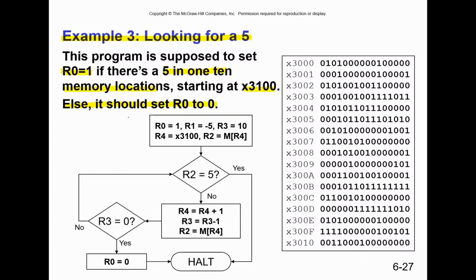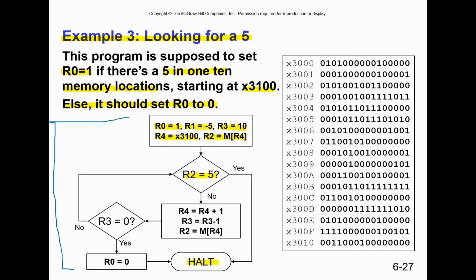We can look at this chart here. R0 is equal to 1, R1 is equal to -5, R3 is equal to 10, R4 is equal to x3100, R2 is equal to M[R4]. How about R2 equal to 5? If R2 is equal to 5, the answer is halt.